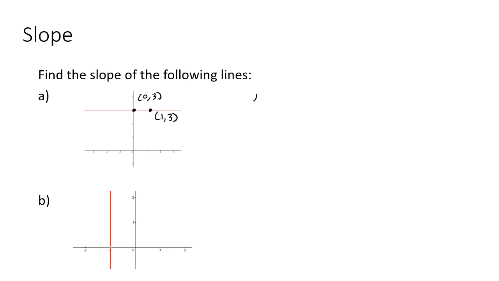Well, if you try to do rise over run in this case, delta y over delta x, change in y would be 3 minus 3, or 0. The y value is not changing. Change of 0. Change in x exists. 1 minus 0 would give us 1, but 0 divided by anything is 0.